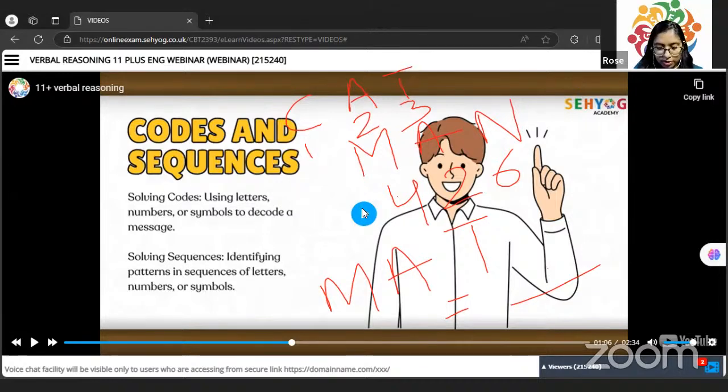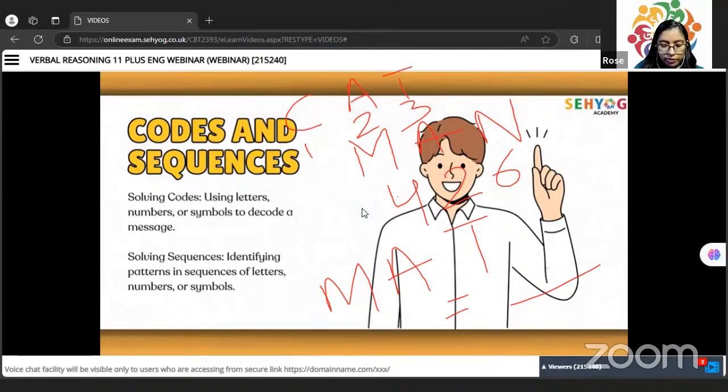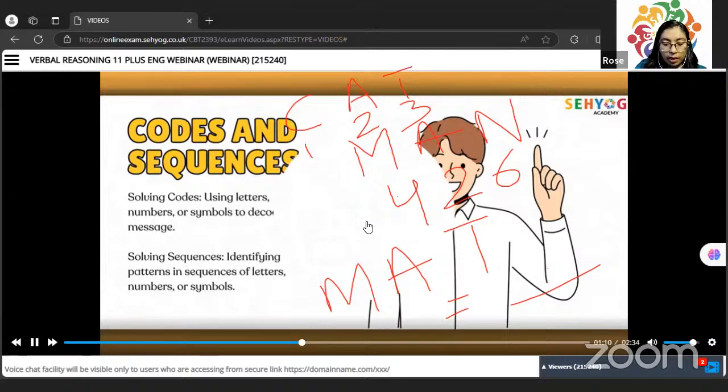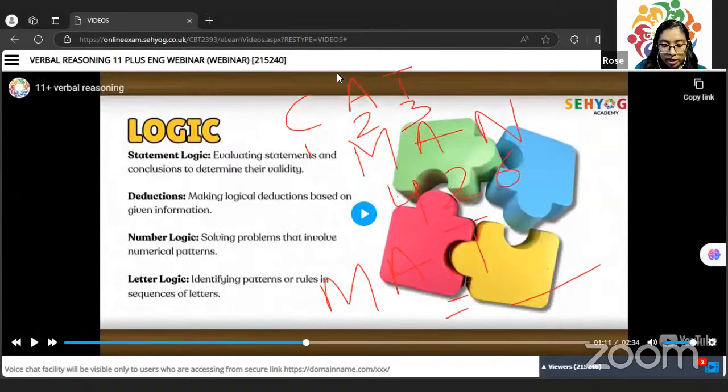Do we get answers? Yes, I see one coming. Sahe says it's 5 to 7. Okay, so Arna and Shweta say it's 4 to 3. Yes, because A and T come as 2 and 3 from here, and M is 4 from here. So math is 4 to 3. Yes, guys.